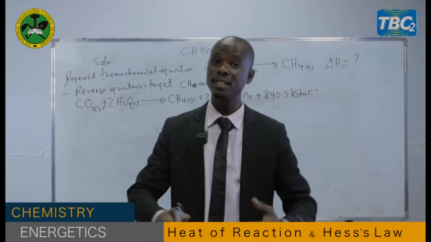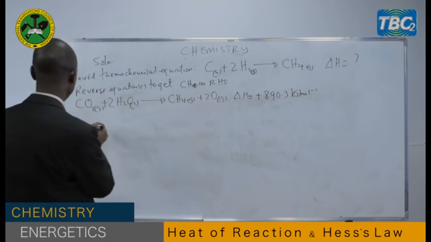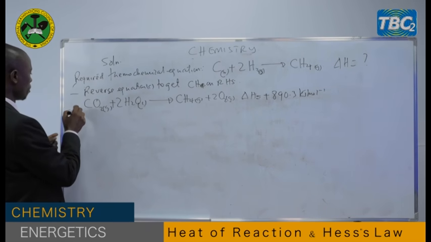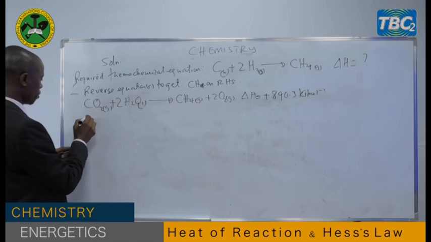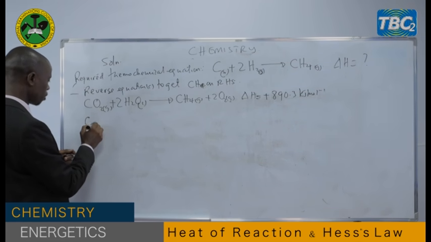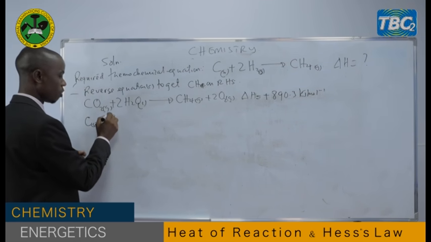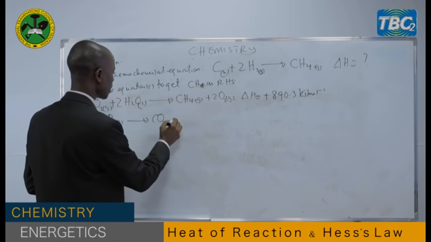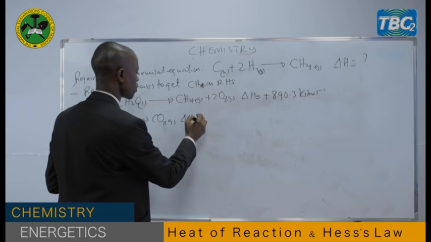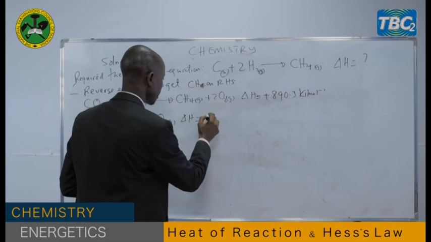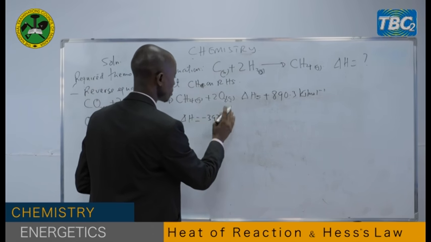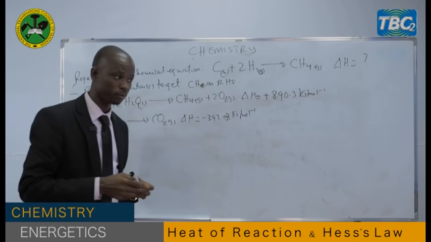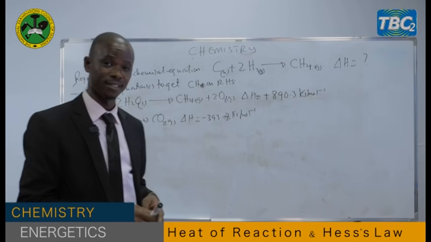You just write it the way it is. You write here carbon solid plus oxygen gas to get carbon dioxide gas. The enthalpy change of this reaction will remain as it is, negative 393.7 kilojoules per mole. That is very, very important.